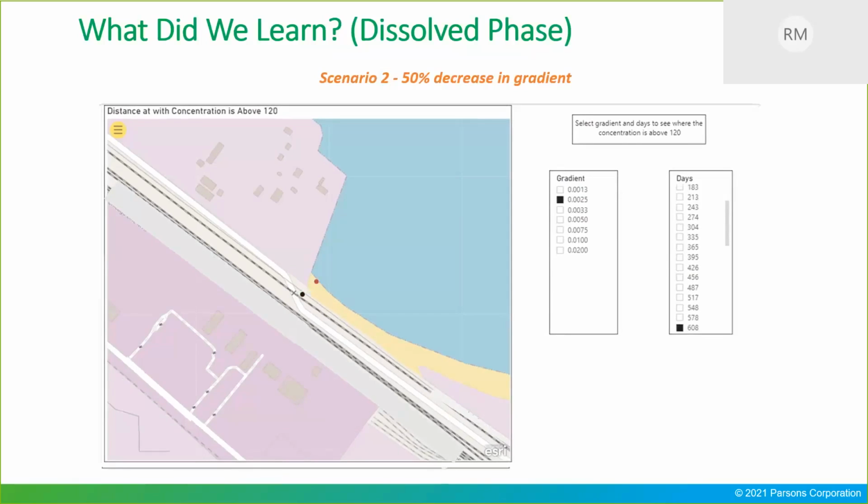If you compare with the current scenario, where it was 200 days for the plume to reach the receptor, when the gradient is decreased by 50%, it is almost 3 times the days the system can be turned off, or there is no risk for 600 days. So that is three times the current scenario.